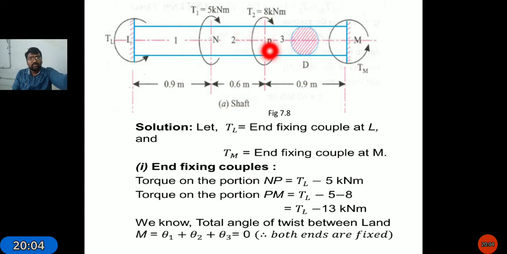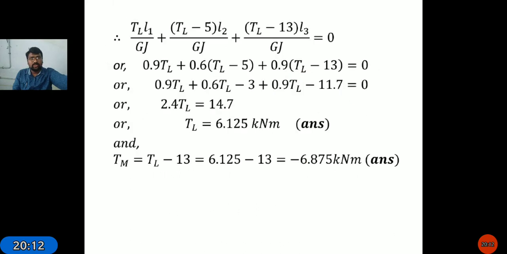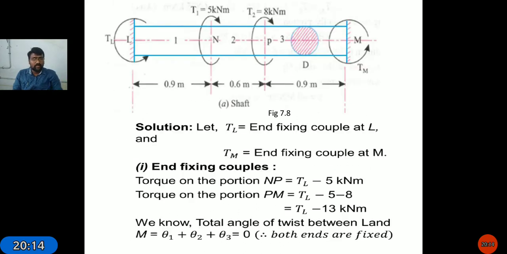So we are assuming TL as positive and T1 and T2 as clockwise, so that it is taken as negative. So TL minus 5 minus 8, so that the final torque on the portion PM is TL minus 13.